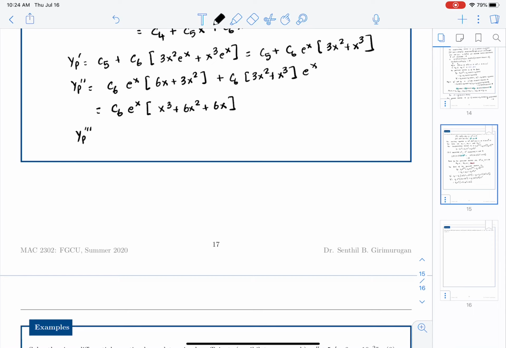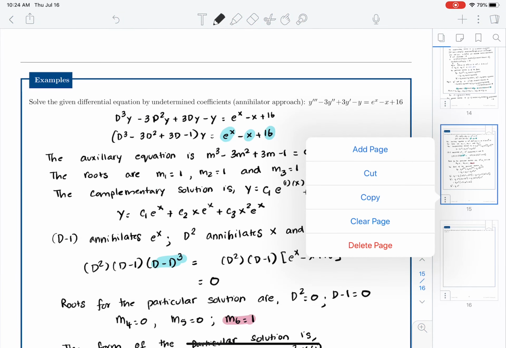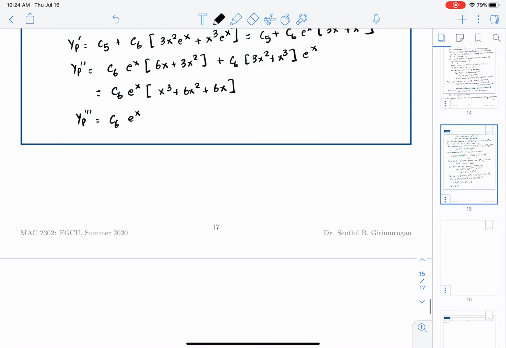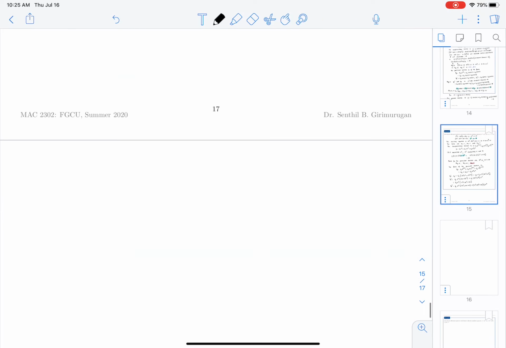Yp triple prime is c6 e raised x multiplied by 3x squared plus 12x plus 6, plus x cubed plus 6x squared plus 6x multiplied by c6 e raised x.